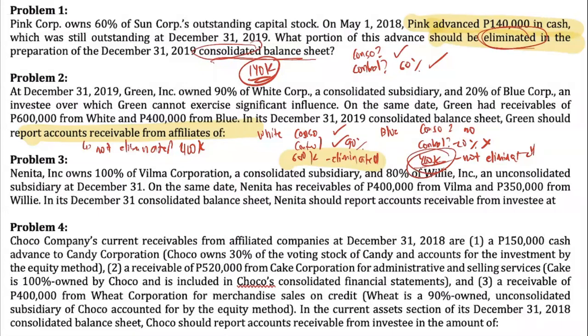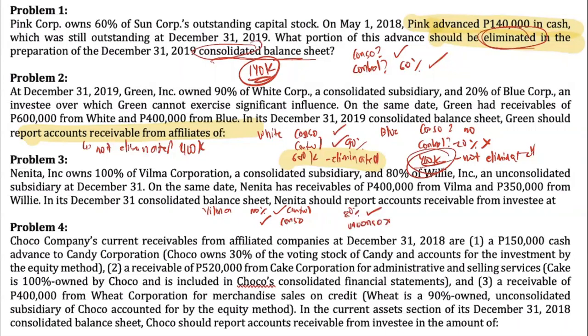Problem 3, Nenita owns 100% of Vilma, a consolidated subsidiary. Vilma, 100%. So, control. Tapos sabi, consolidated subsidiary. So, okay din yan. Willie, an unconsolidated subsidiary, 80% may control, pero unconso daw siya.